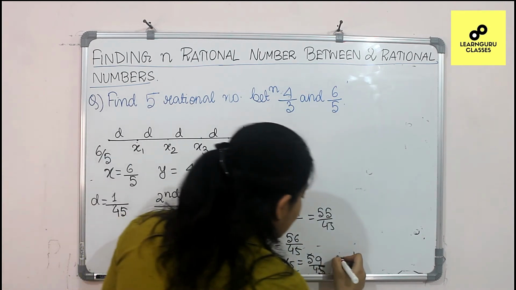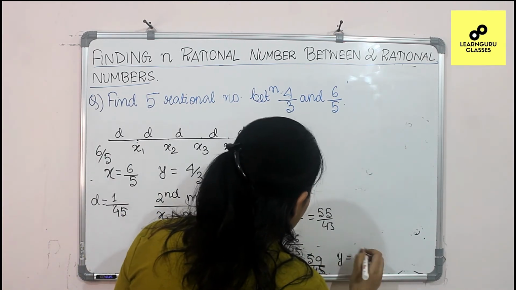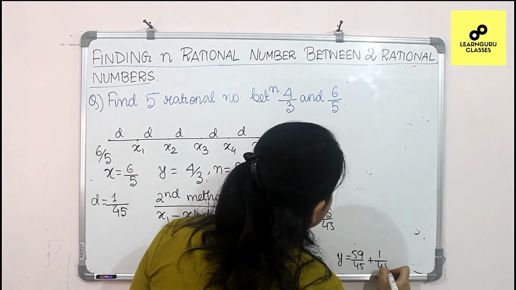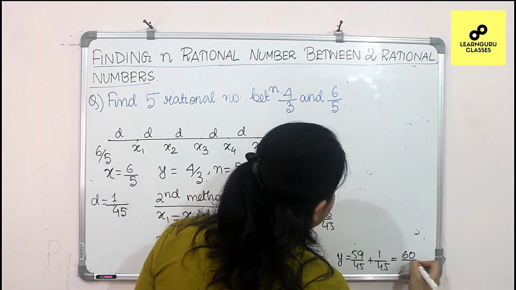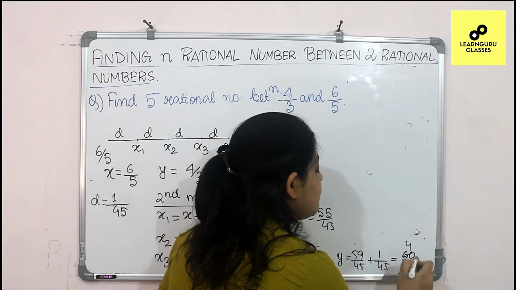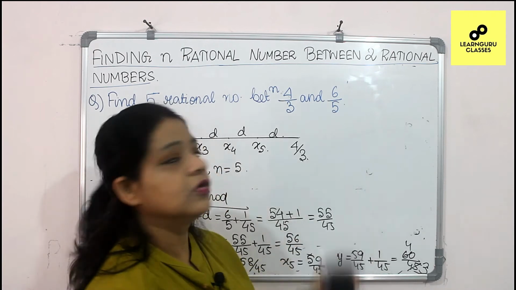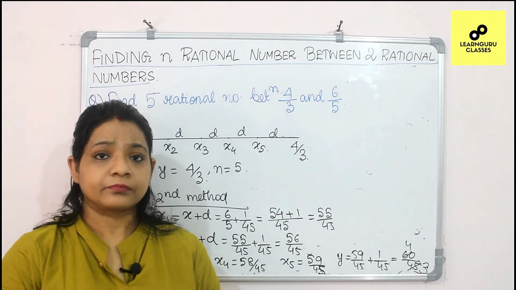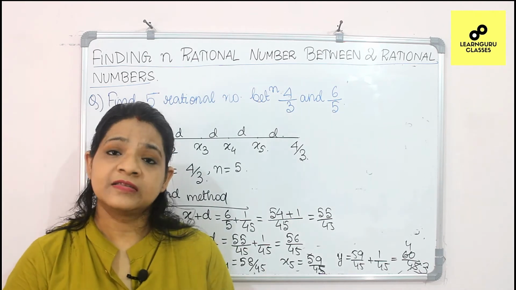So the last value, that is y, will be how much? 59 by 45 plus 1 by 45 will give you 60 by 45. So let's check. 15 4s are 60, 15 3s are 45. So you are getting the final value as 4 by 3. So this is about the second method.